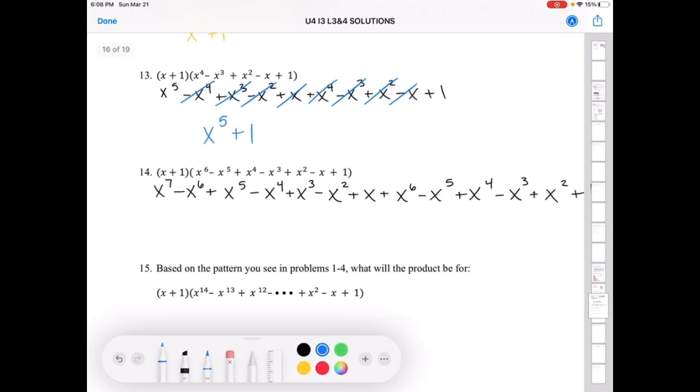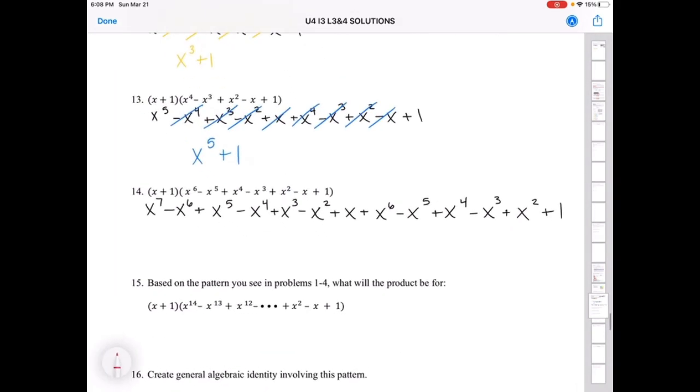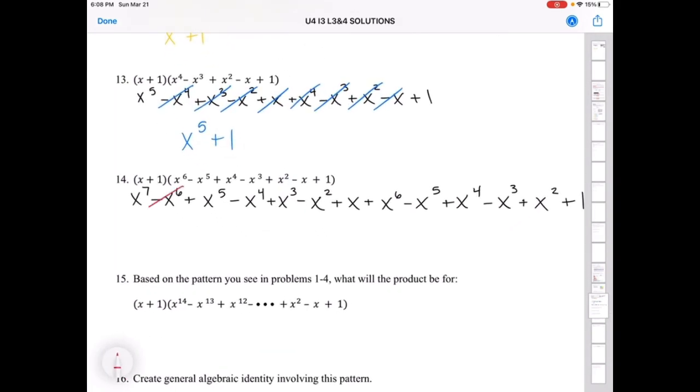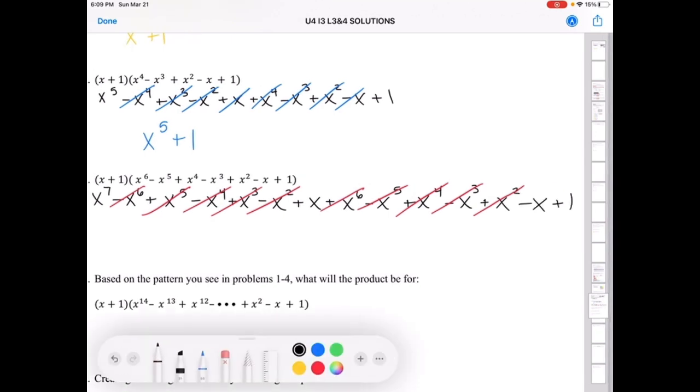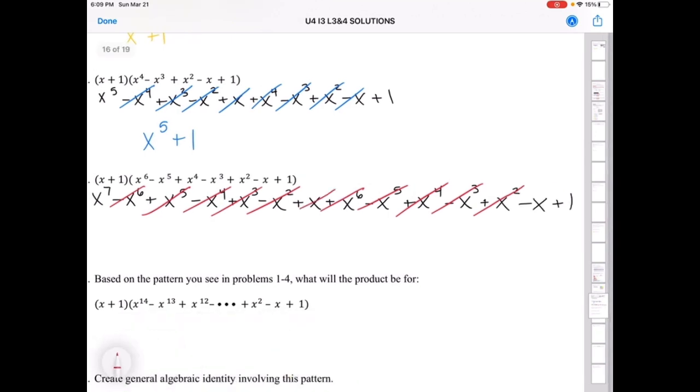This last example, we have negative x to the sixth and a positive x to the sixth, x to the fifth, negative x to the fifth. We have negative x to the fourth and x to the fourth. That neutralizes. We're going to keep going here, x to the third and negative x to the third. Then we have negative x to the second and x to the second. And we have x and negative x.